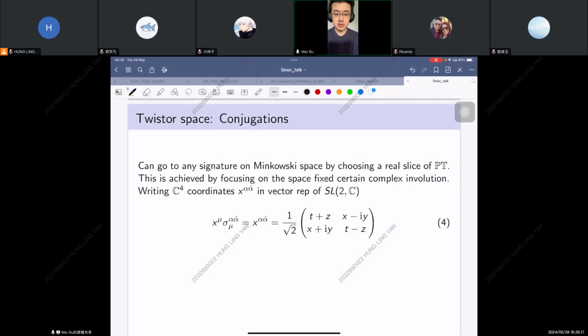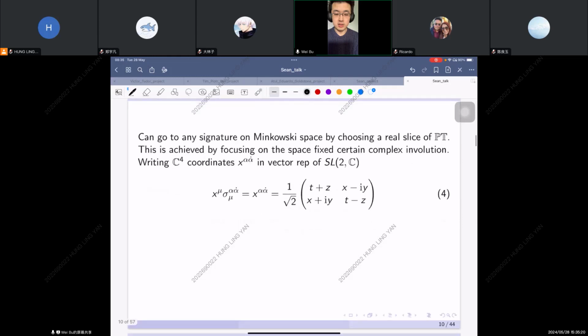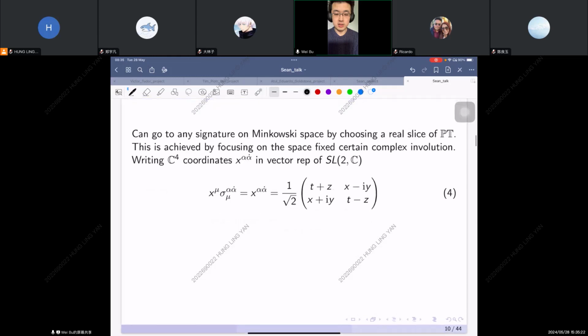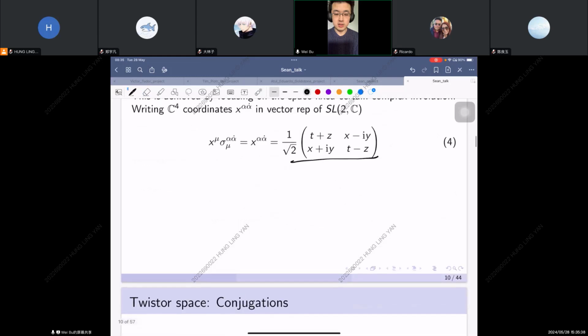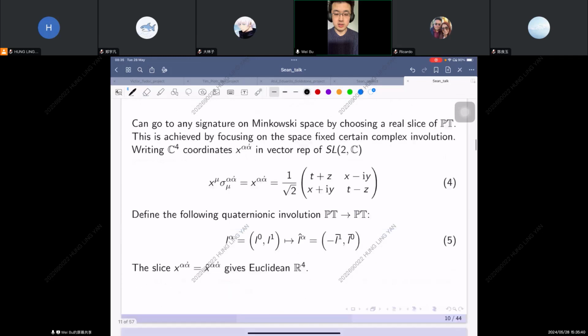So for example, let me be more specific. You can write the 4D x mu, the Lorentz-type vector representation, in SL2C notation for space-time coordinate x, multiplied by the Pauli matrices, where the first entry is 1, and you get some very specific thing. This is the vector rep of SL2C.